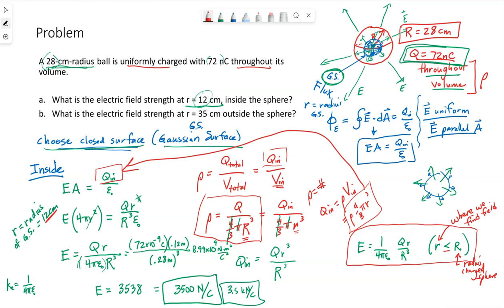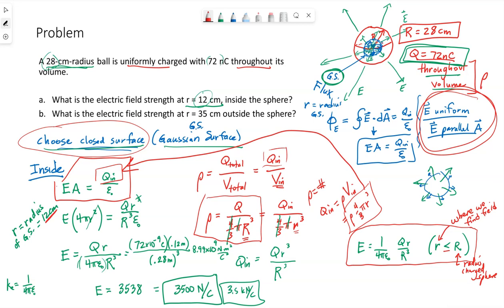Okay, so this is just part A. We're calculating the flux through a closed surface that we have chosen, this Gaussian surface, but we have to be careful about the surface we're choosing because we need this symmetry to simplify the integral down to be just E times A. But again, with spheres, this works nicely.